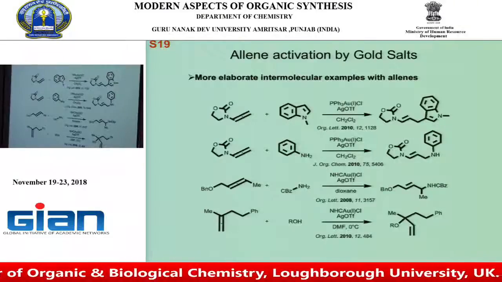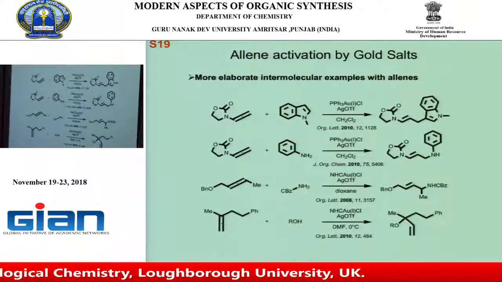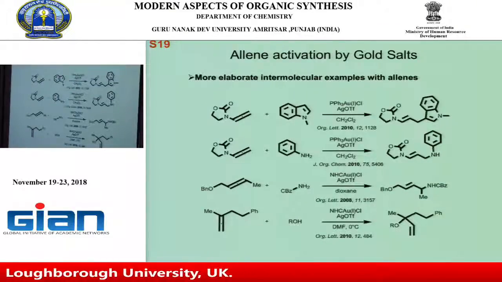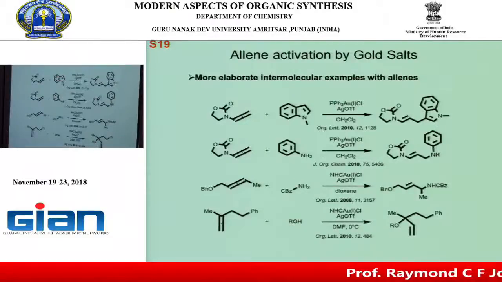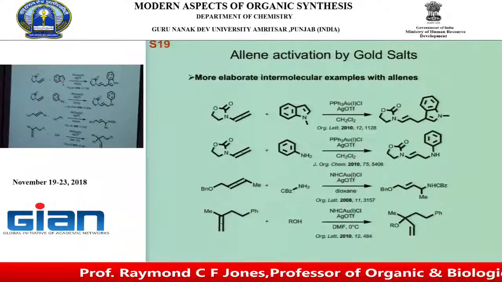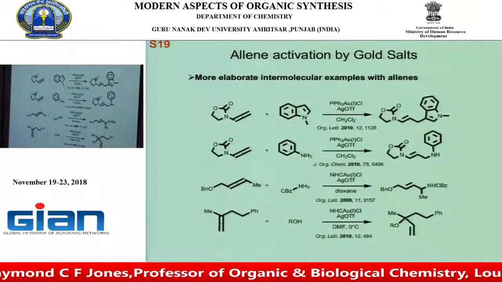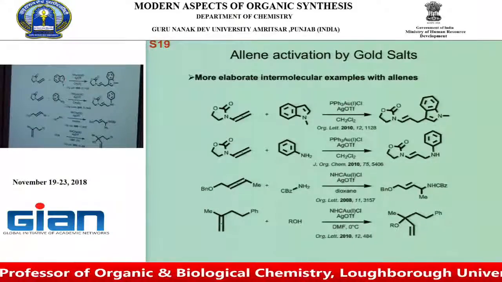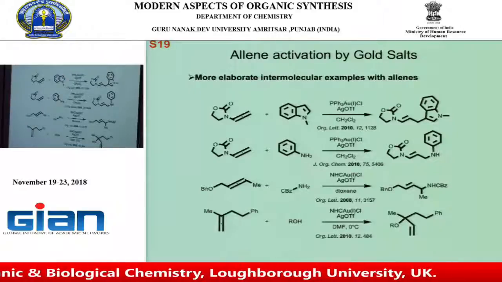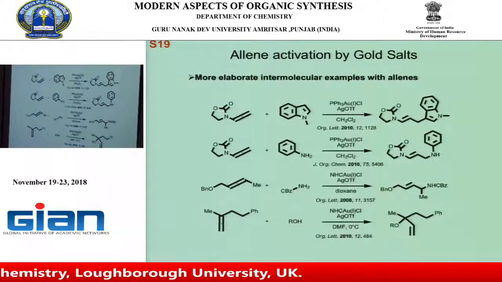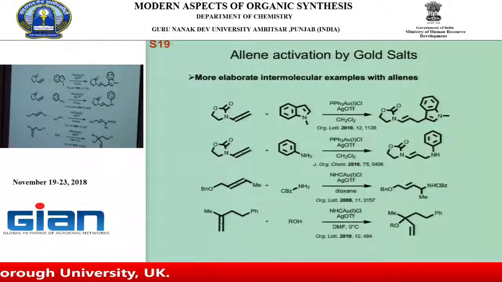So that's quite a reactive kind of alkene, and we've got here the indole nucleus acting as a nucleophile through its C3 position, and that's effectively an enamine. So the nitrogen lone pair pushing in, electrons coming out, nucleophilic potential at the 3 position, and then adding across the terminal position of the allene.